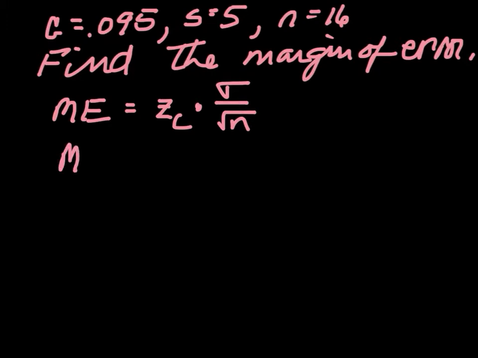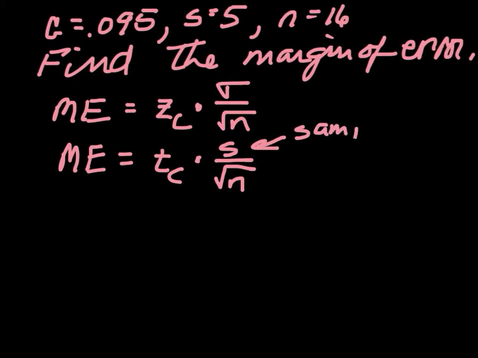Well, in this case, our margin of error for a t-distribution is going to be the critical value of t times the standard deviation over the square root of n. And this standard deviation, if you'll remember, comes from whatever the sample is.